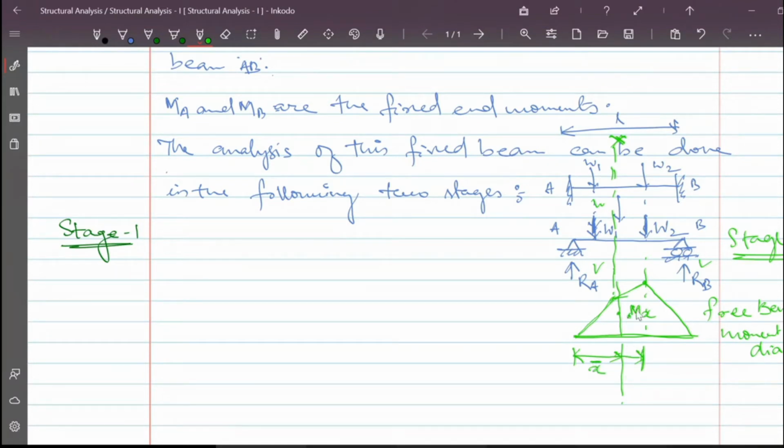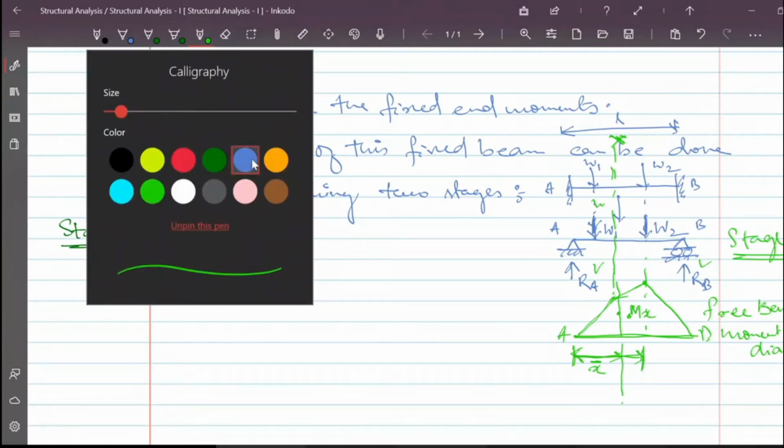The CG of this whole bending moment diagram is at a distance of X bar from the end A. Okay, this is end A, this is end B.